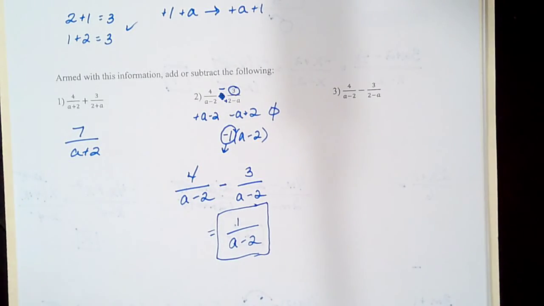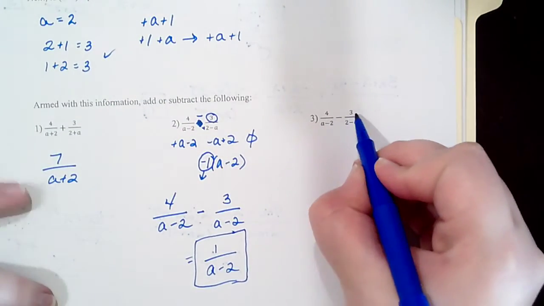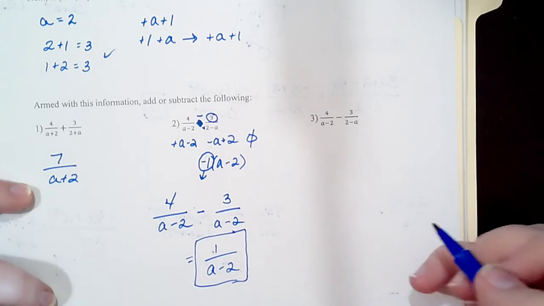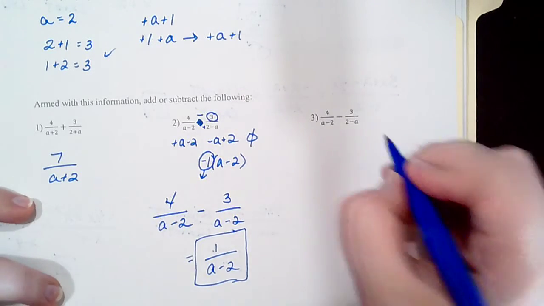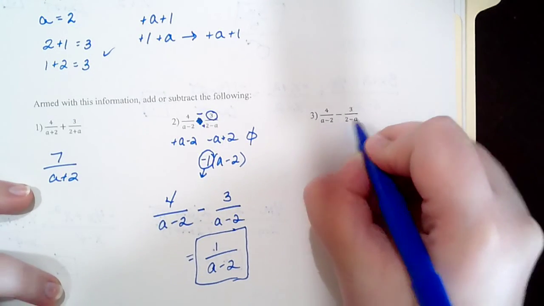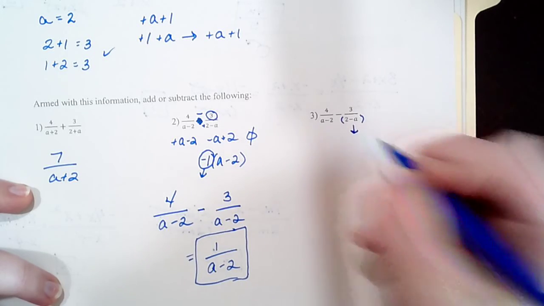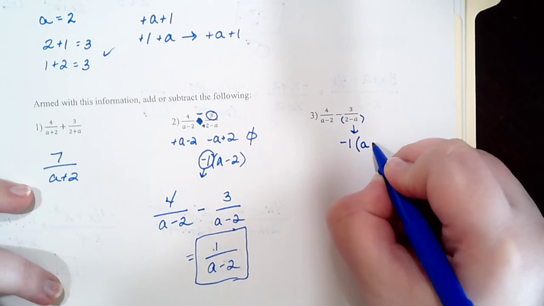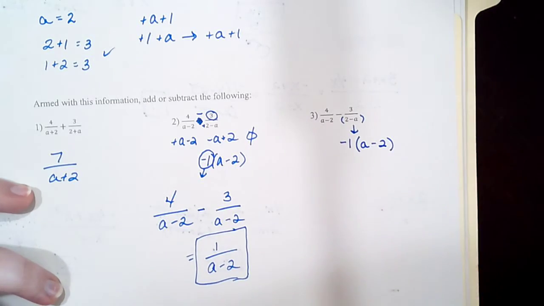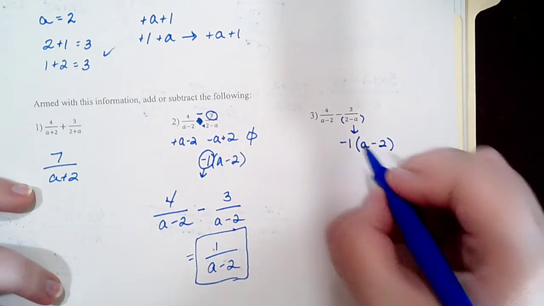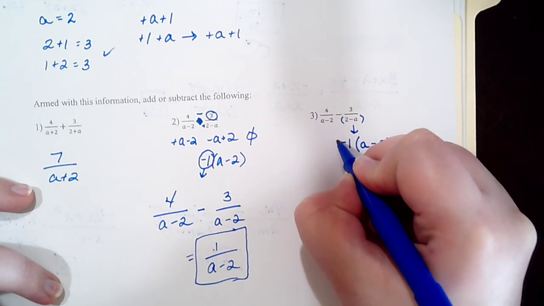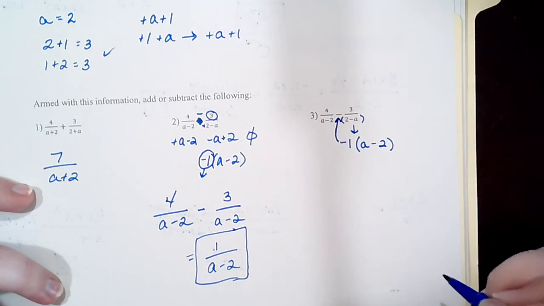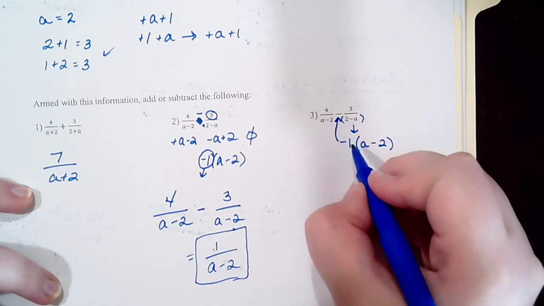Let's see it again. 4 minus 3, if those two were the same, it'd be really nice. Well, let's factor out a negative from this bottom piece. Let's take this and change it to be negative outside of a minus 2. Just change the signs. I personally am going to take that negative, multiply it by whatever is there. If it's a negative, it becomes positive.